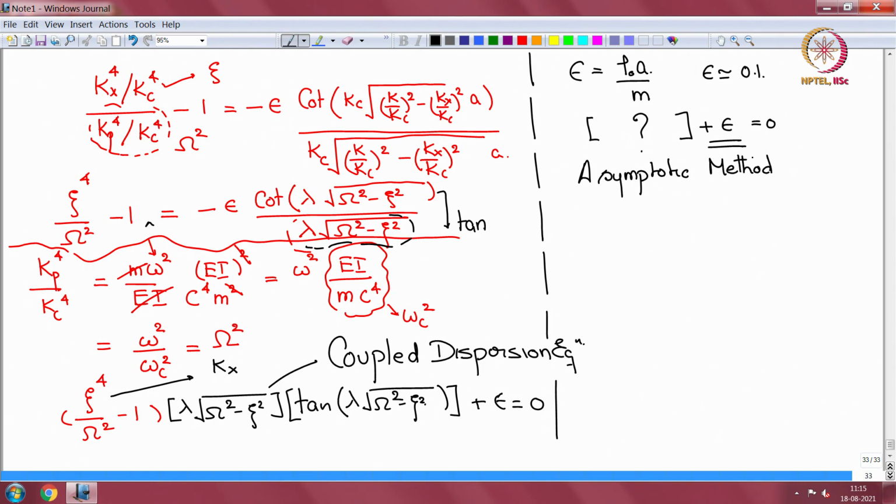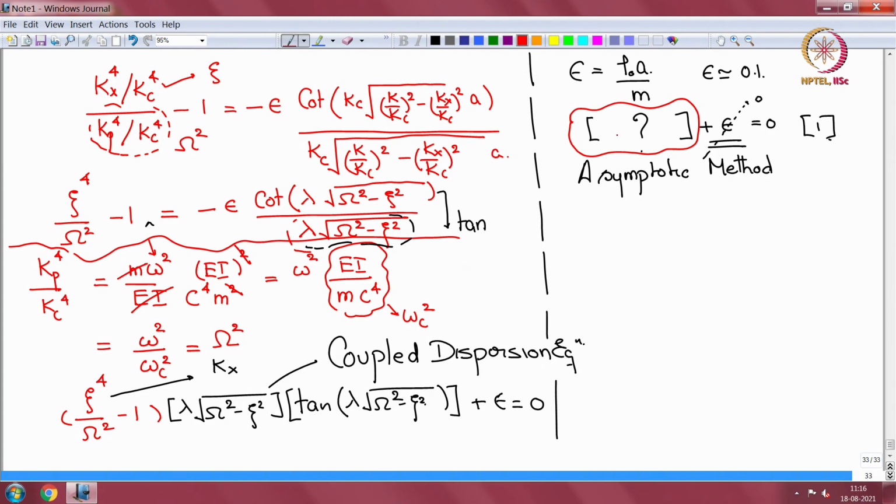So again, to repeat, the idea is that if we know the solutions to this particular equation, let me call it equation 1, when epsilon is 0, then if epsilon is added as a small quantity, the intuitive idea is that my solutions should not have changed that much by the presence of a small quantity.